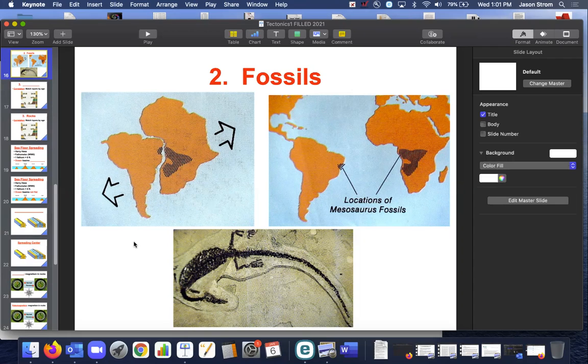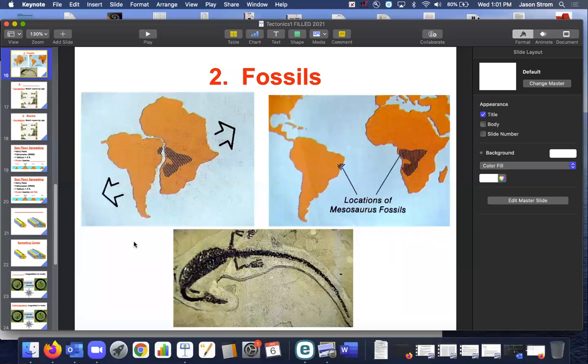Exact same organisms, and there were multiples, plants and animals. But these were animals that couldn't make it across the Atlantic Ocean. So if South America and Africa were always where they are right now, those animals couldn't have gotten across. They couldn't fly, they couldn't swim it. It was too far for them to have floated over on a log or something randomly.